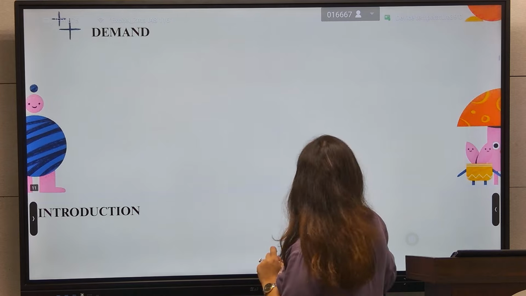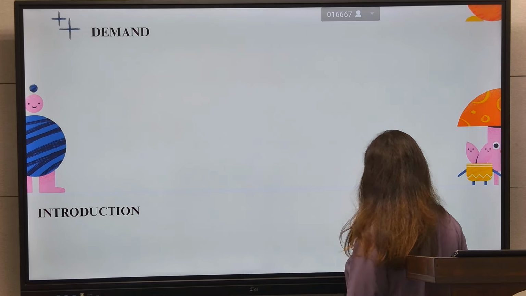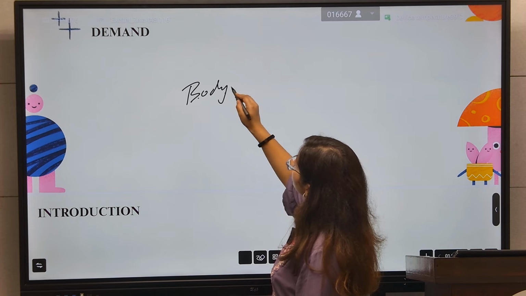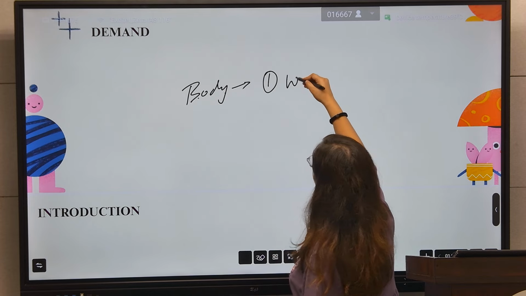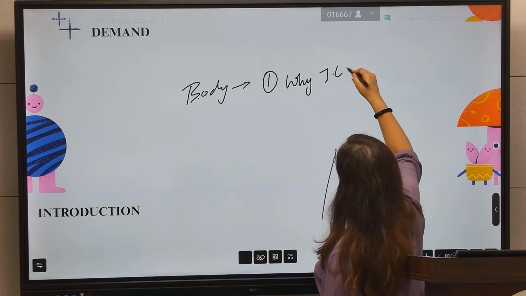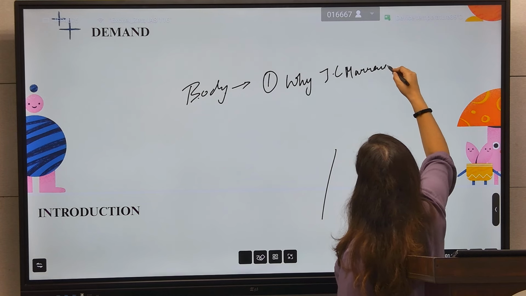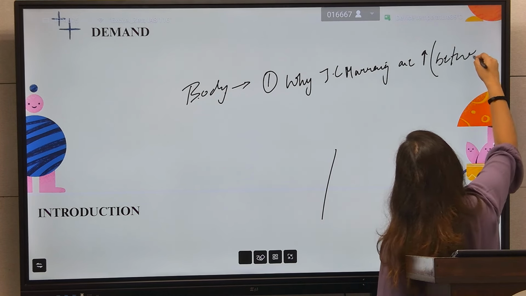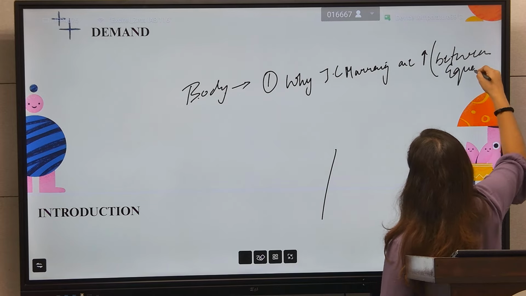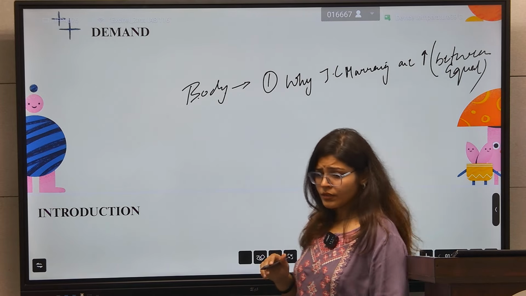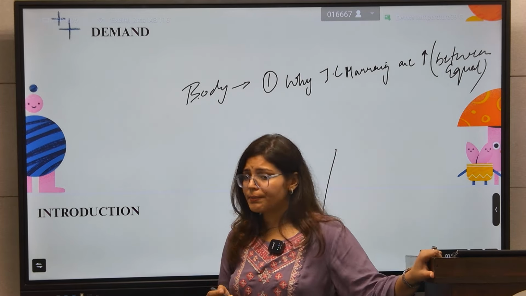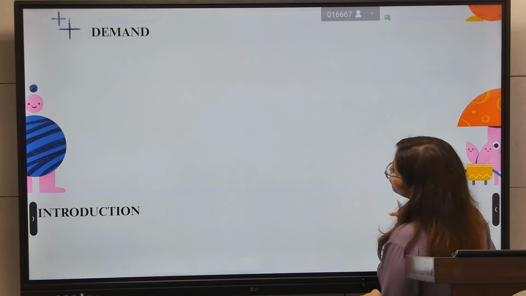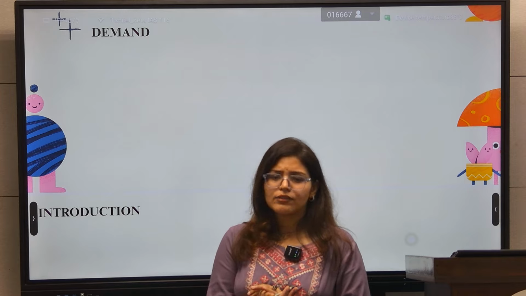Now the body part. In the body part, first is why intercaste marriages are increasing between equals, because this is increasing in people who have socio-economic parity. So write 2-3 points on why intercaste marriages are increasing.